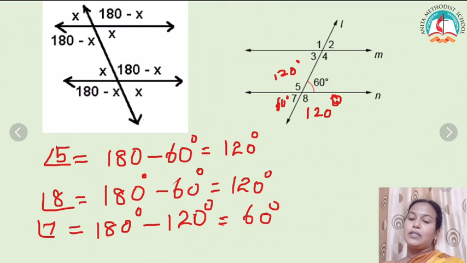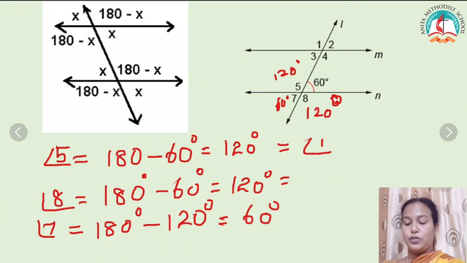Now using this, tell me, we already know angle 1 and angle 5 are corresponding angles. So my angle 5, which I have taken as 120, will be equivalent to angle 1. Why? They are corresponding angles. Good. Then angle 8 and angle 4 are corresponding angles. Angle 8 I have found is 120.